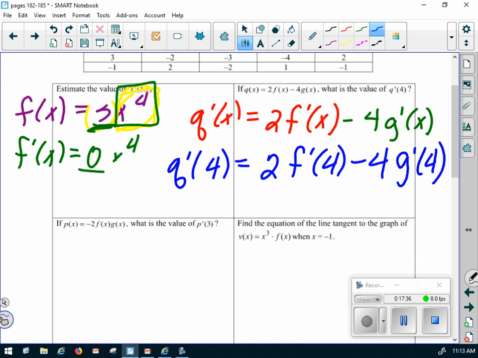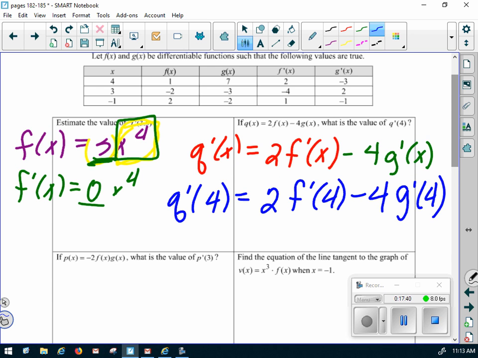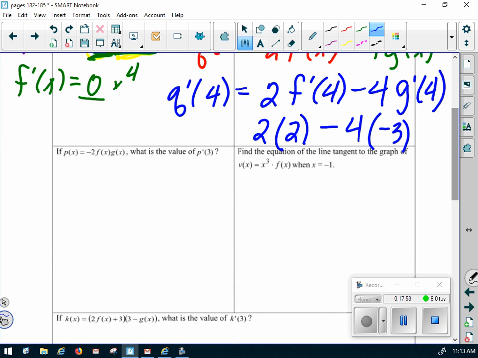And you go pull those off the table. What's that, 16? Or did I screw it up? 16?